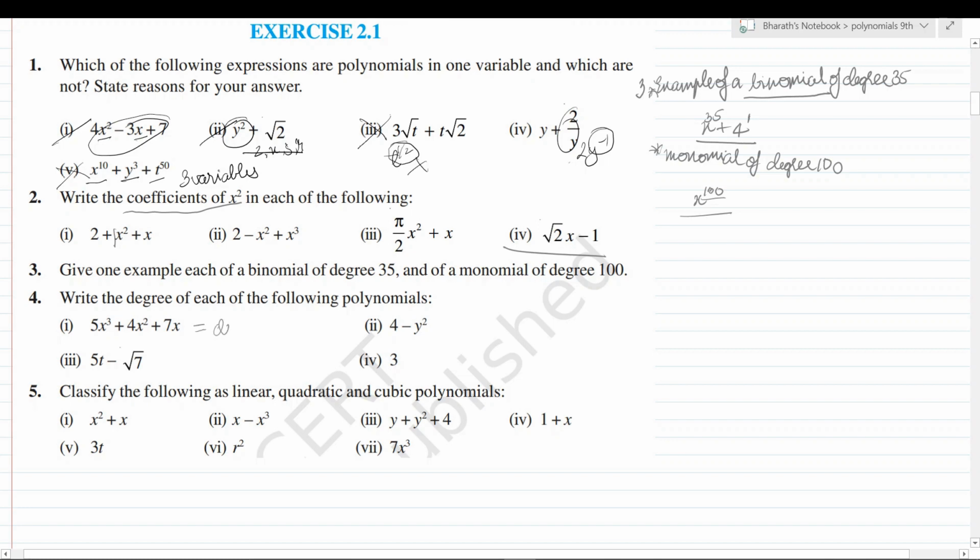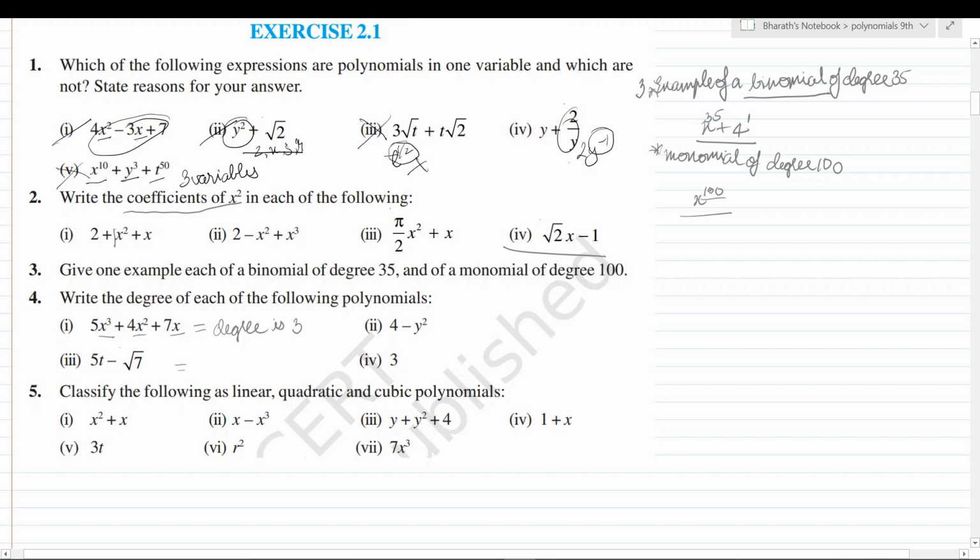So the first question, the degree is 3 because the highest power of the variable is x cube, and this 3 is the highest power in this expression.